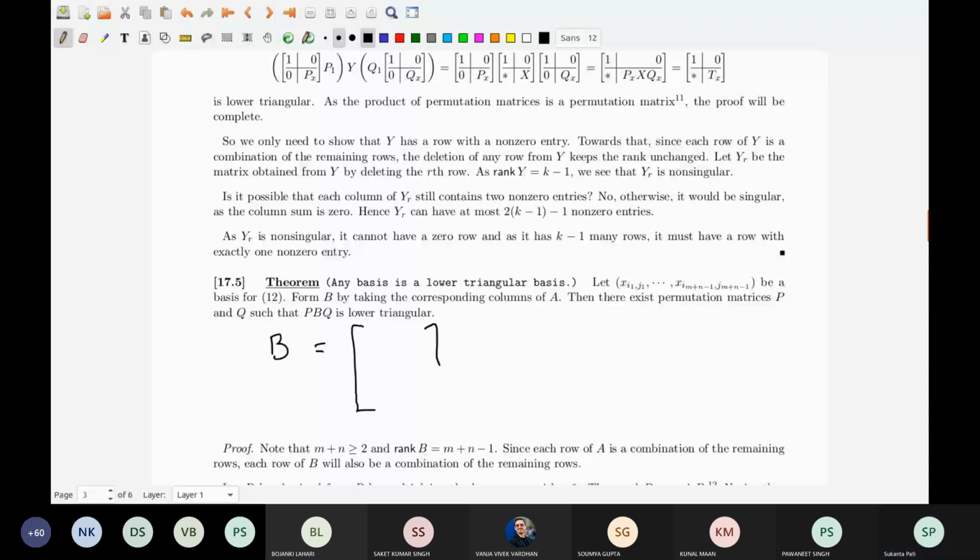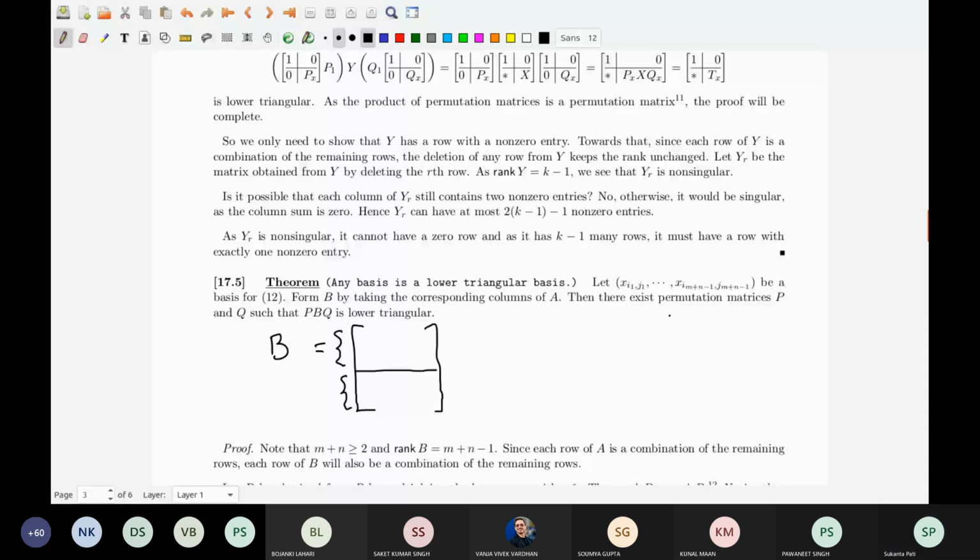One is this source part, and then this one is the sink part. Okay, this is like row 1 to row m, and then the next one is row m plus 1 to row m plus n. No problem. Fine. Then here the claim is that there exist permutation matrices P and Q such that PBQ is lower triangular.